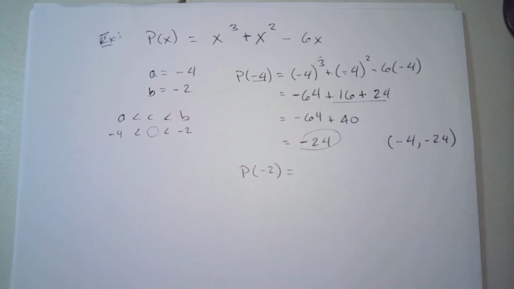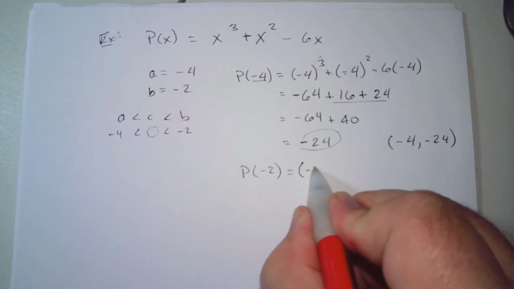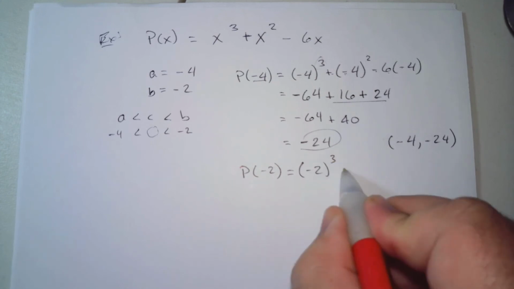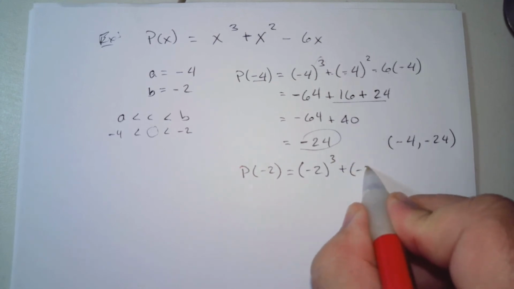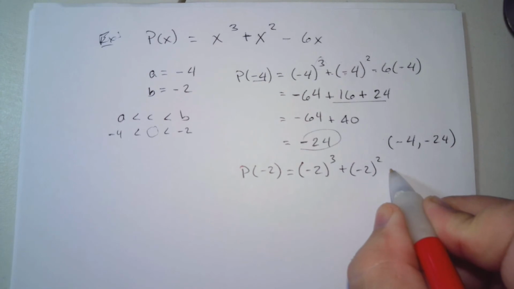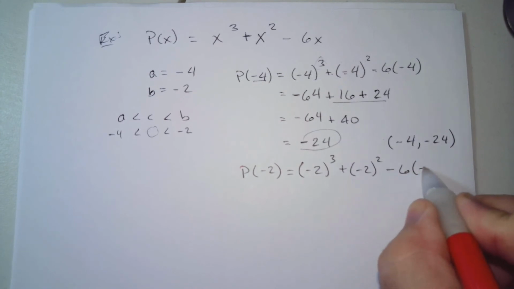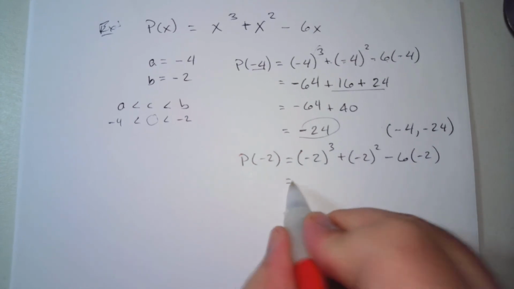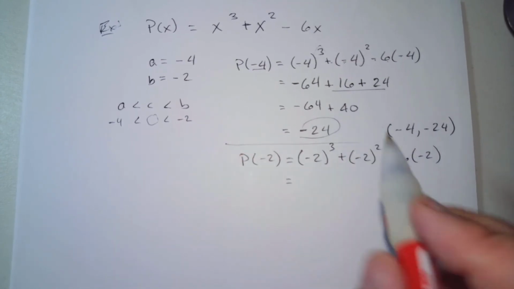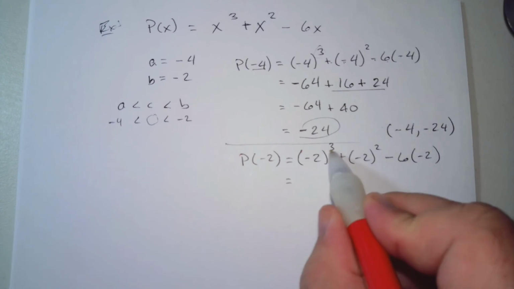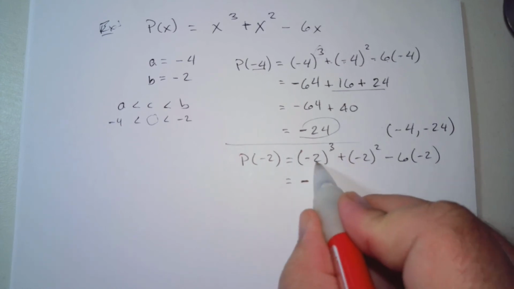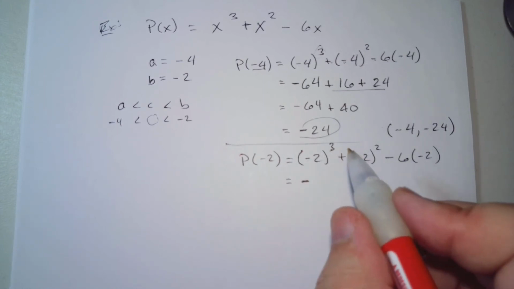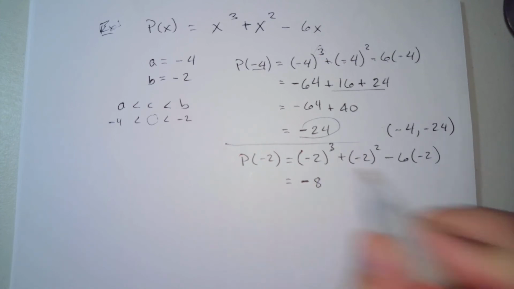And let's try with negative 2. Negative 2 cubed plus negative 2 squared minus 6 times negative 2. So again, negative cubed is negative. 2 cubed is 2 times 2 is 4, times 2 is 8, so it's negative 8.